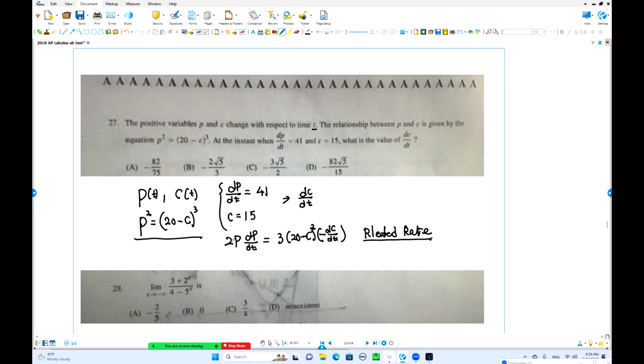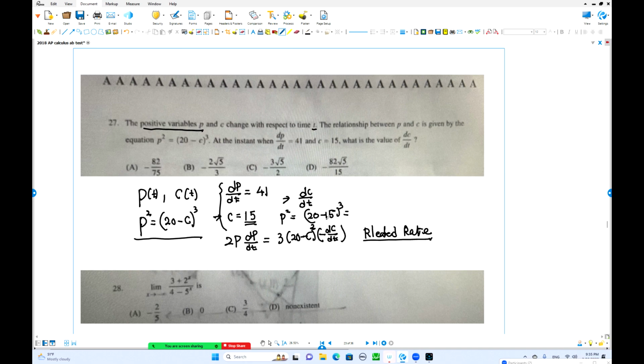But we need to find the value of P. When C is 15, this is the moment. When C is 15, what is P? From here, we can find P. Put this number, C is 15, in there. P squared, already a positive variable, is 20 minus 15 cubed.